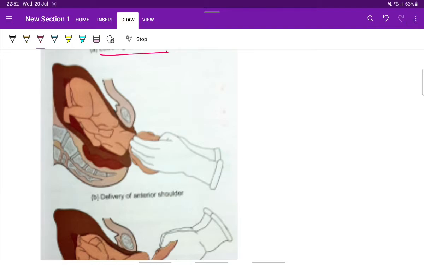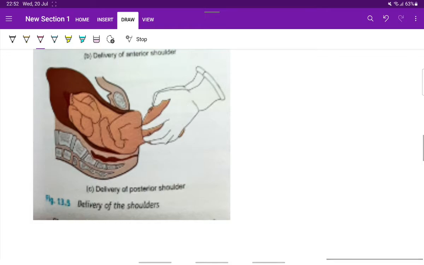For that, the head should be held in hand and gently raised upwards by giving gentle traction, so that the posterior shoulder comes out.